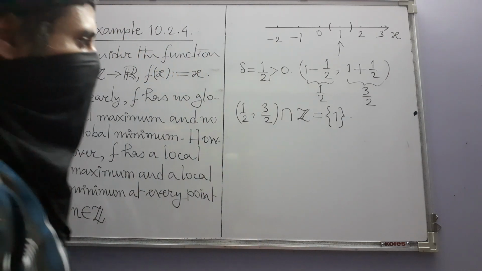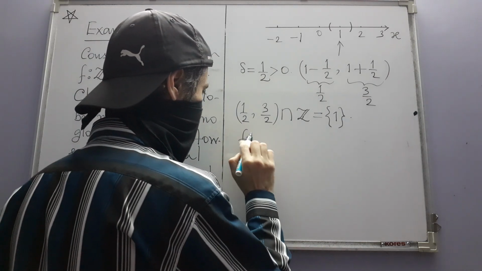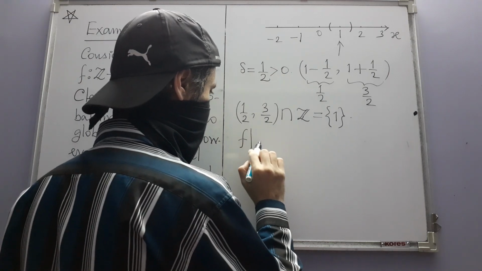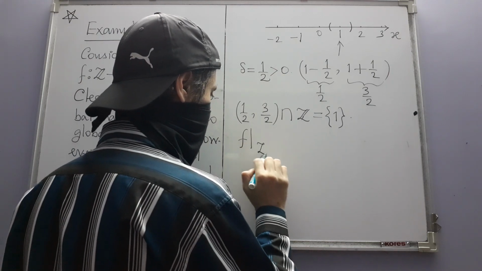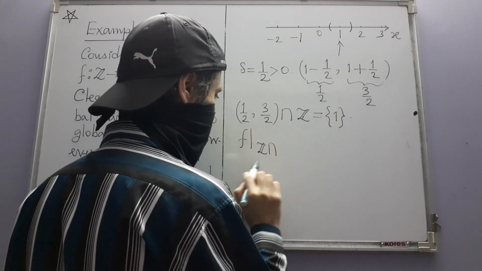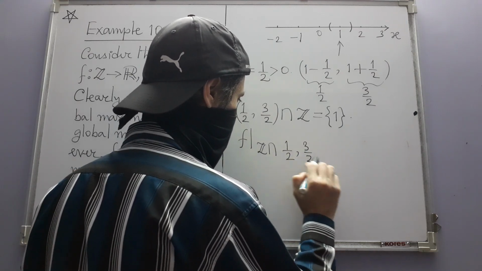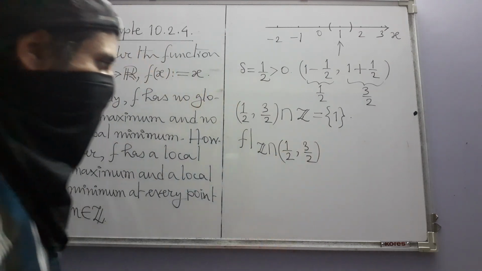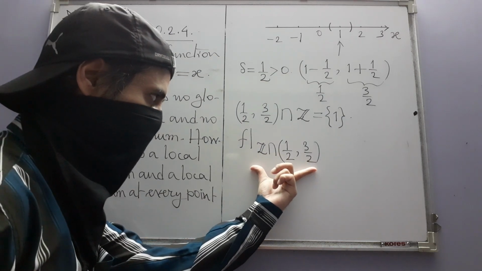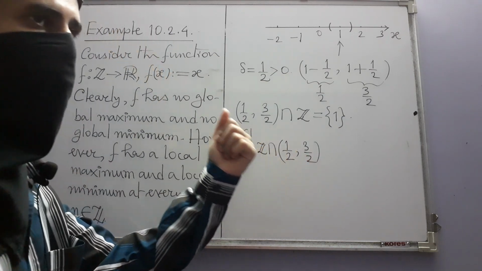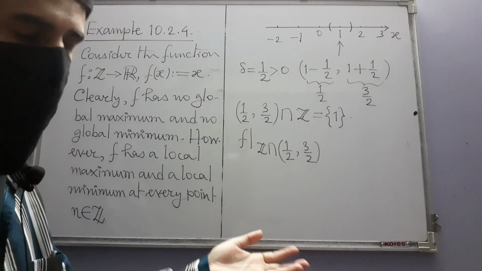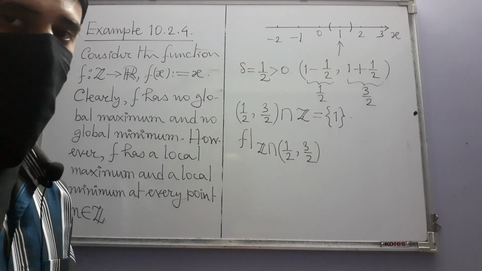It means that if I consider this restriction, I can write z first, it does not matter. Intersection is commutative. This restriction attains a maximum and attains a minimum.